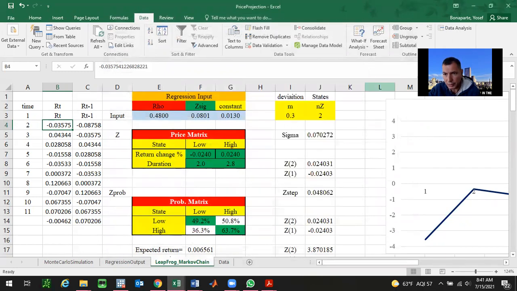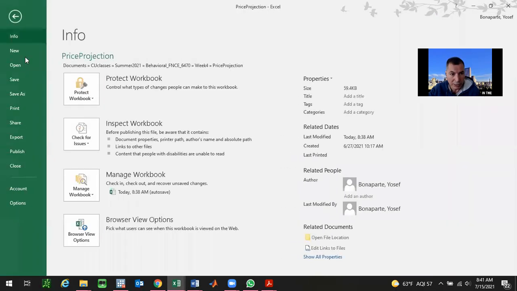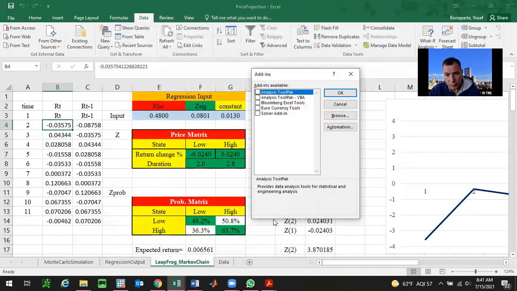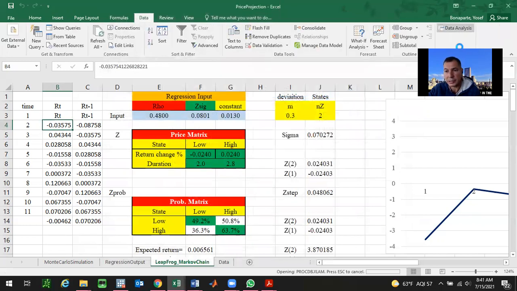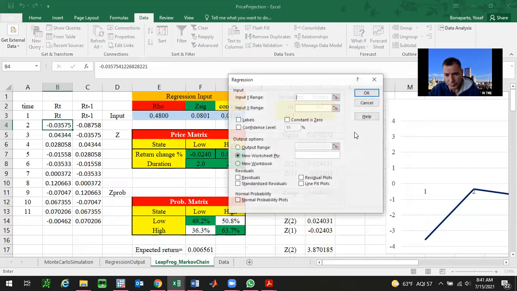Let me uncheck them and go again. So I need something called Data Analysis. So the way to add Data Analysis, you go to File, Options, Add-ins, Go. So click this, check this box, great. And then you get Data Analysis. You click on Data Analysis, you choose something called Regression. That's a regression. You do OK.